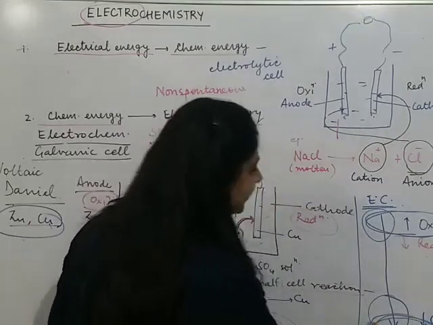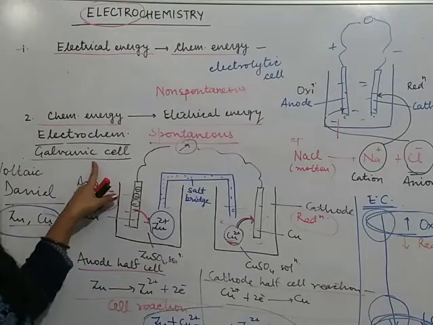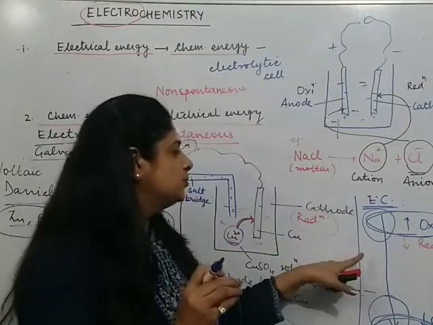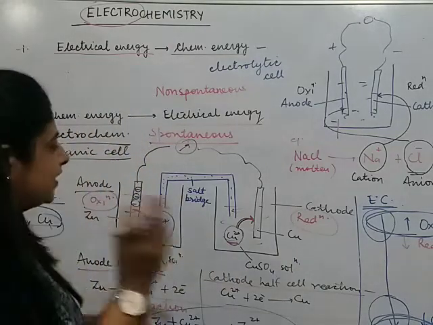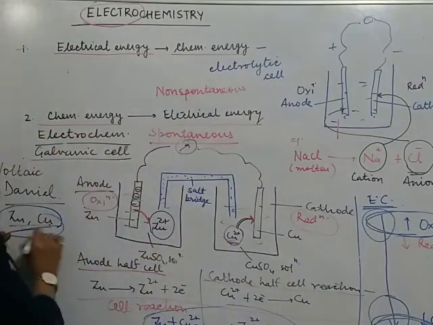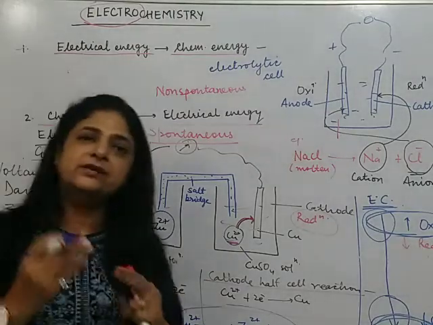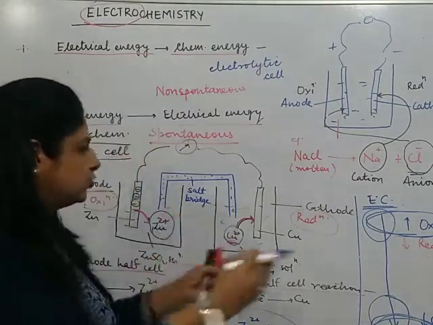And that is why in electrochemical cells, this electrochemical series plays a very important role, because if we are taking a pair of metals, it will decide which of them is going to act as anode and which of them is going to act as cathode.